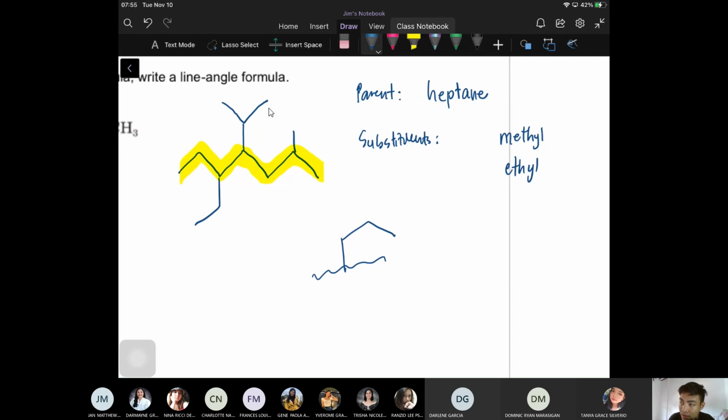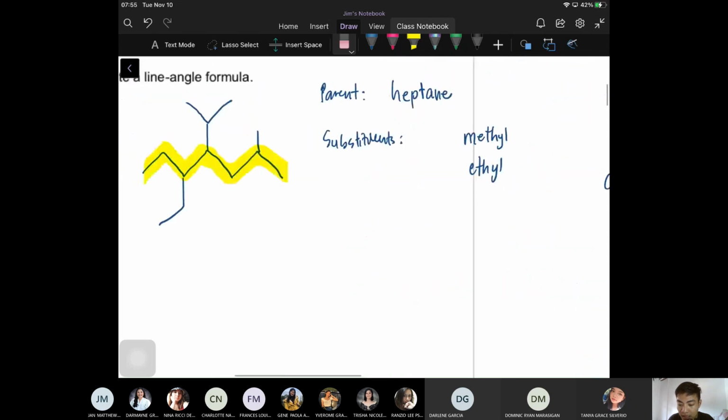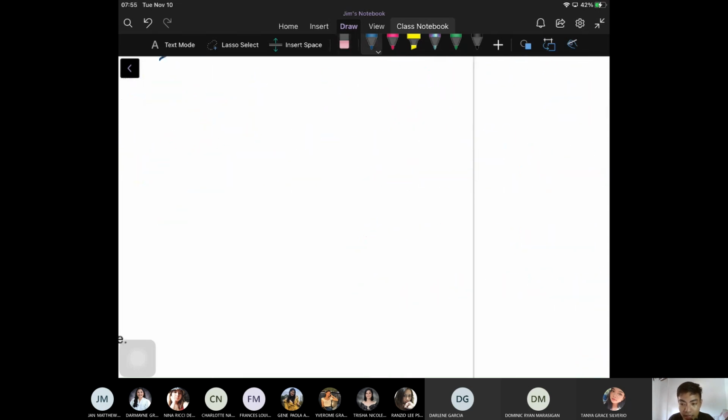Meron dito, meron sa gitna, meron sa right side. So, ano meaning nun? Meron tayong mga common na alkyl groups na kailangan isaisip, yung mga sinasabi kong may resemblance sa letters and sa paa ng manok. Ano yung alkyl groups na may common names?